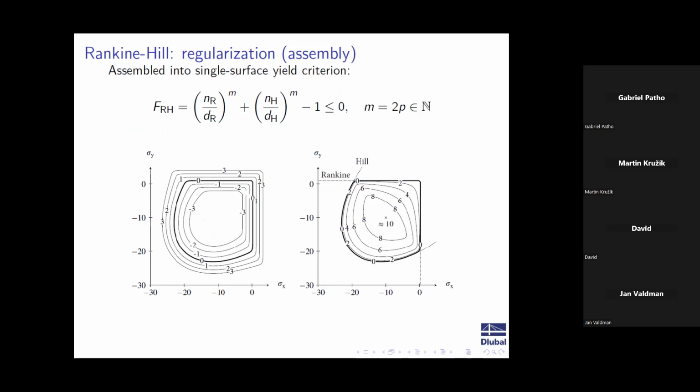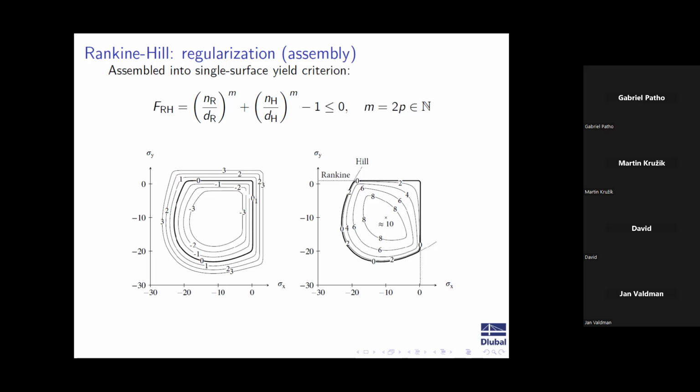And if you combine them into one equation, so this is my second m that I was first talking about, you get a smooth surface with one equation, and you do not have to go into subdifferentials and dealing with non-smooth yield surfaces, although maybe that would also be a nice addition to the model.